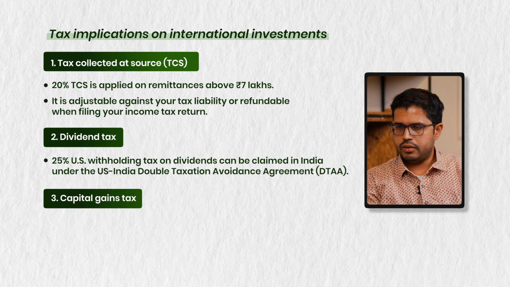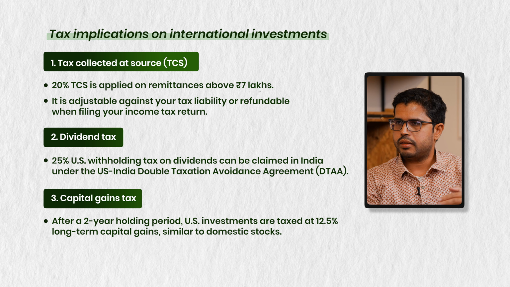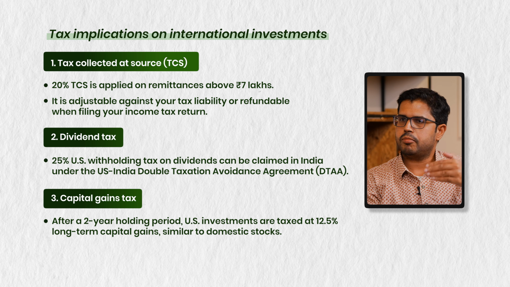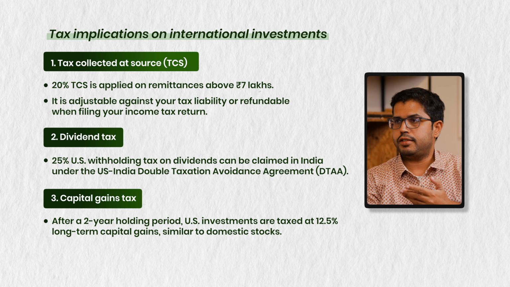In this recent budget, they have made it simpler. After a 2-year holding period, they are subject to the same 12.5% long-term capital gains tax as a domestic stock would be. So literally, it's just one more year you hold it and you're at par. You would pay tax on it in much the same way as you would pay tax on domestic equity.